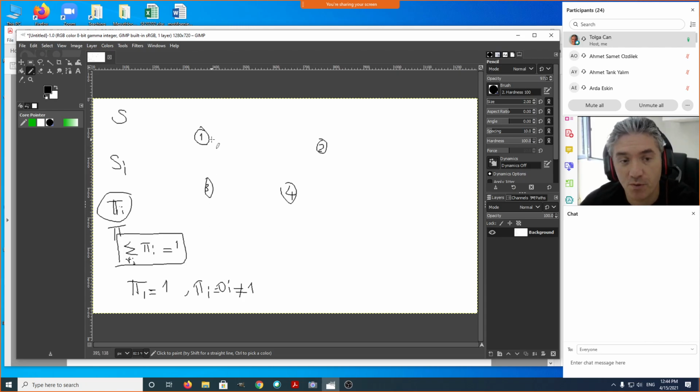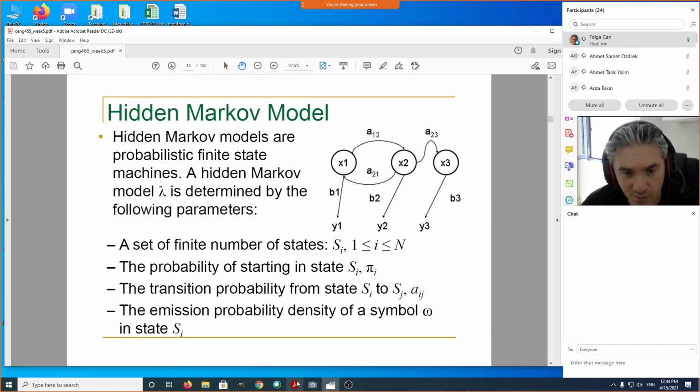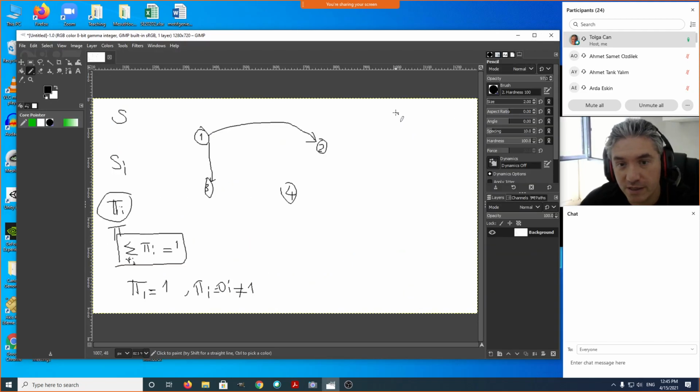The other two most important parameters of a hidden Markov model are the transition probabilities. The transition probability we gave the name Aij. This Aij denotes the probability of going from state I to state J from time step t to time step t plus 1.